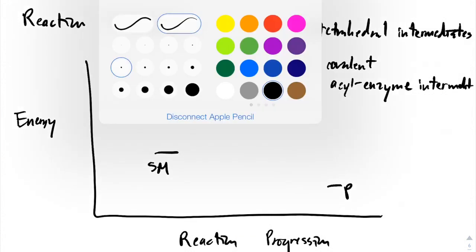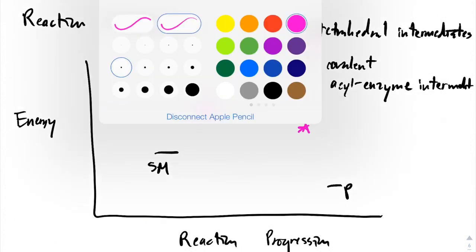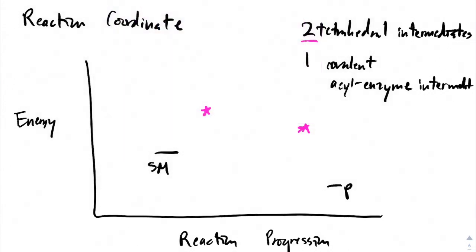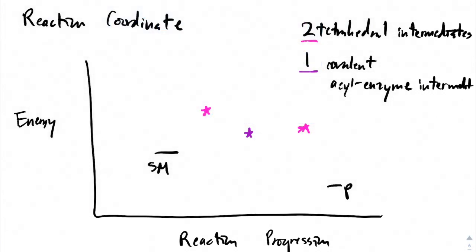So, if we were to consider these in pink, it would be somewhere right here, and then the other one could be, say, right here. And then purple for a covalent acyl enzyme intermediate would be right there. So the reaction coordinate would look something like this. And there you have it.